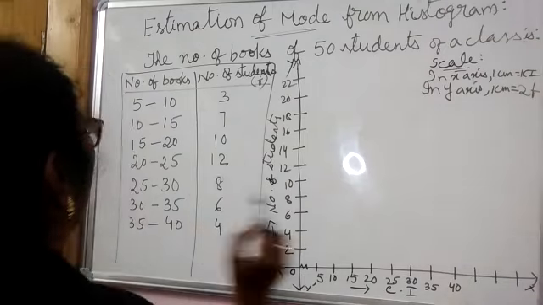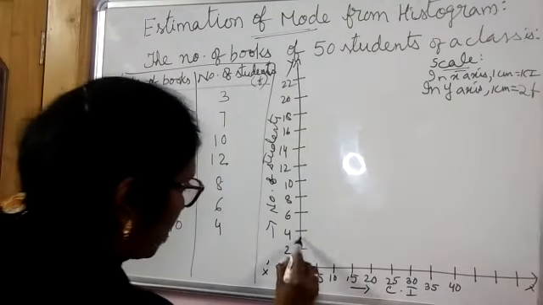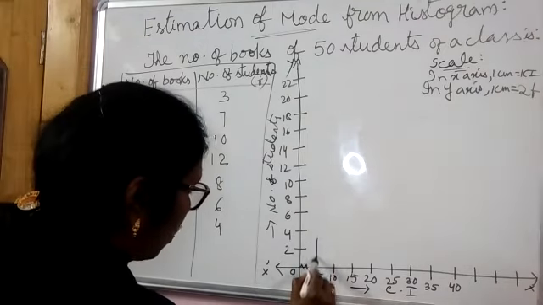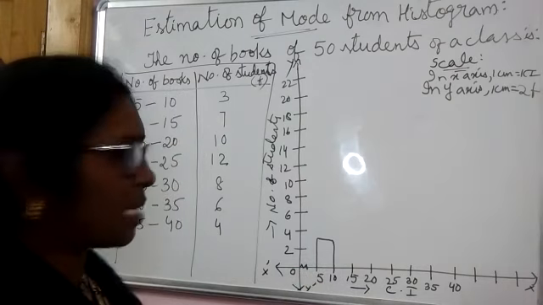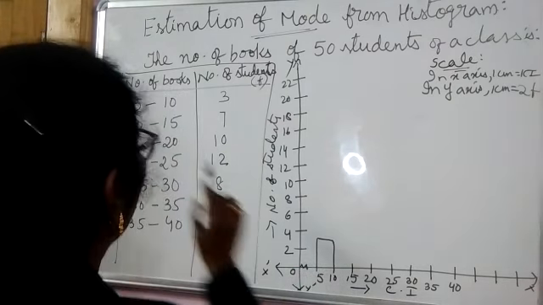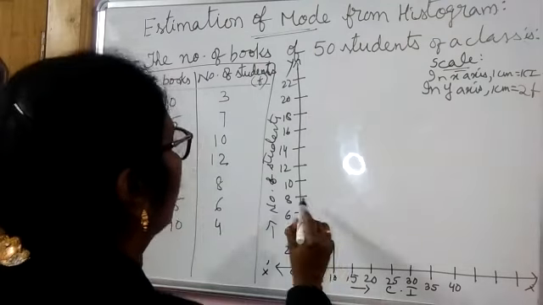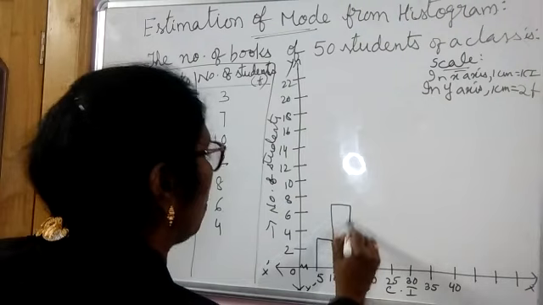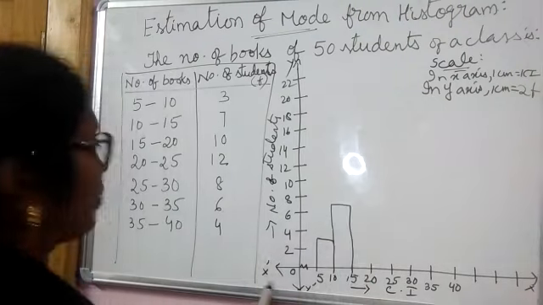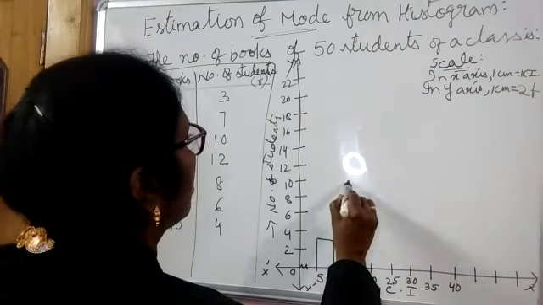Now let us plot the 5 to 10 class interval. Frequency 3, number of students 3. You see, I am doing this more or less roughly. I believe you can understand. 10 to 15, frequency 7, in the middle of 6 to 8. 15 to 20, 10 students.